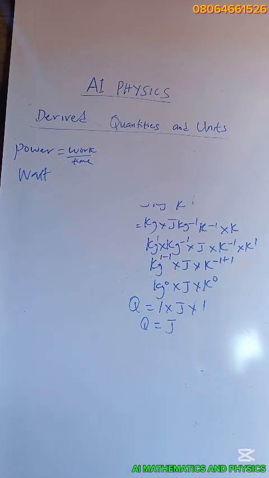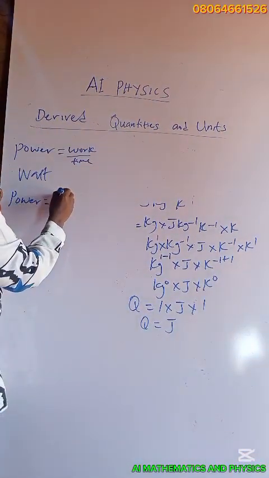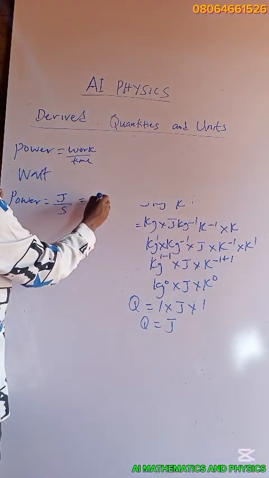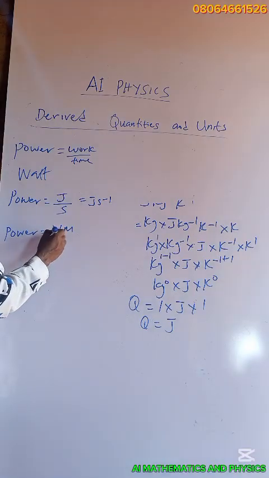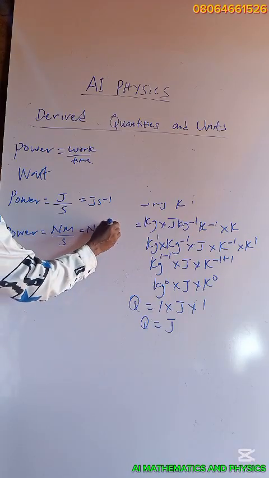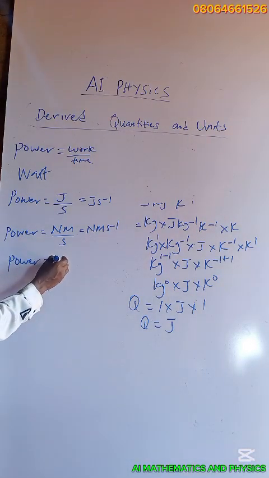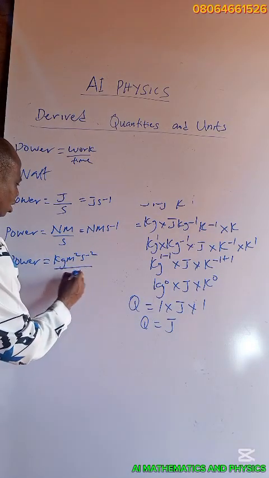But work is joule, over seconds, which means power could be joule per second. Power could also be, joule is also Newton meter, over seconds. So then power could also be kilogram meter square per second square over seconds.